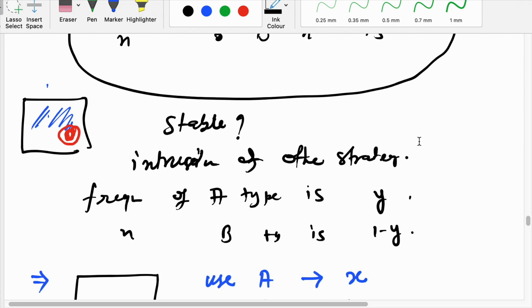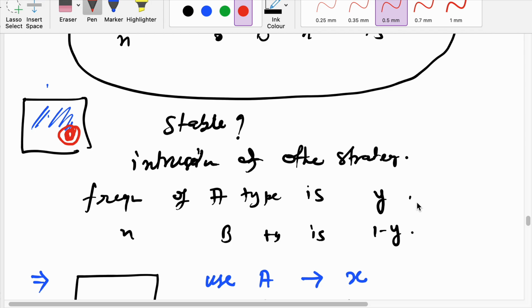Now the question is whether or not this mutant will invade the whole population. Invasion here means: if I wait long enough, will all the individuals in the population become this mutant type? That means after some point of time they will change their action in such a way that they play A with probability y and B with probability 1 minus y.